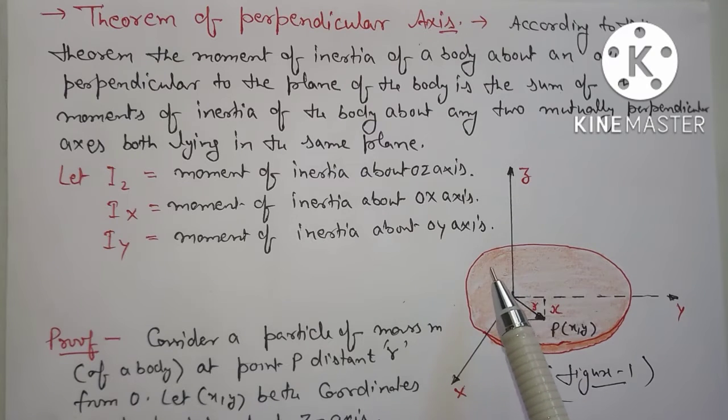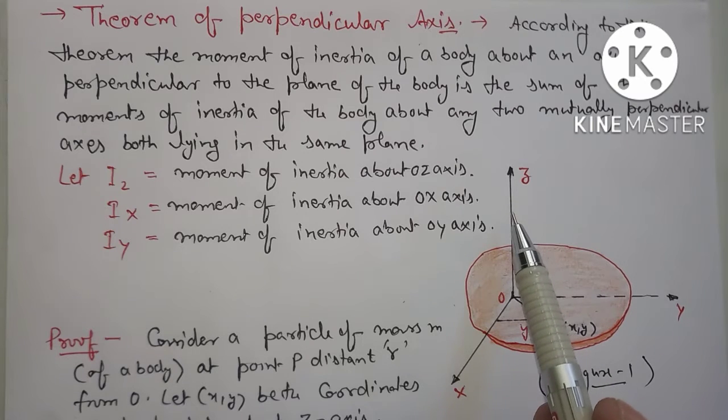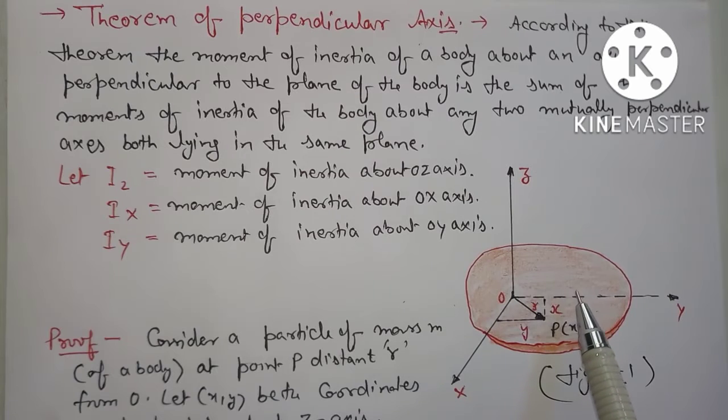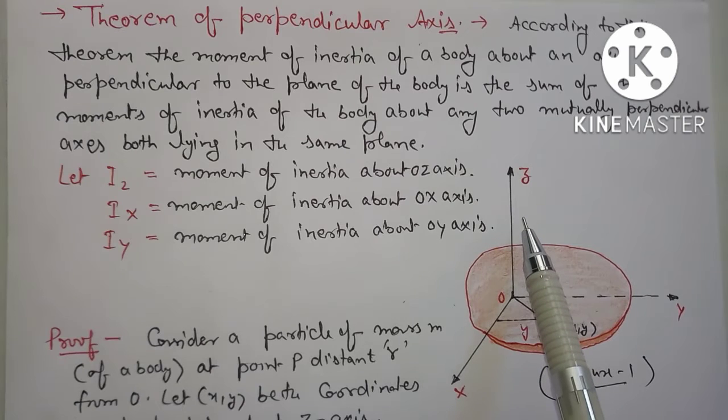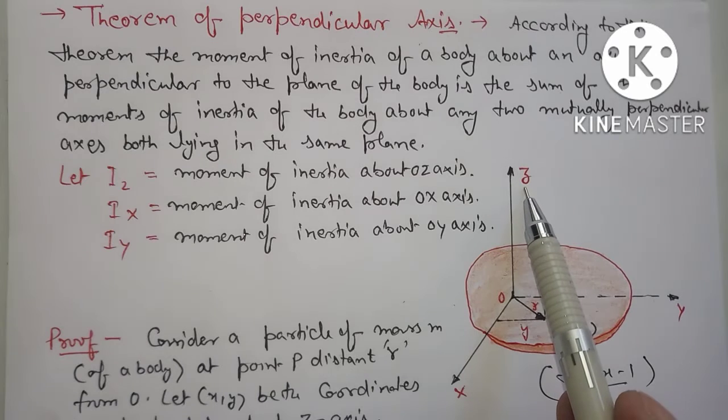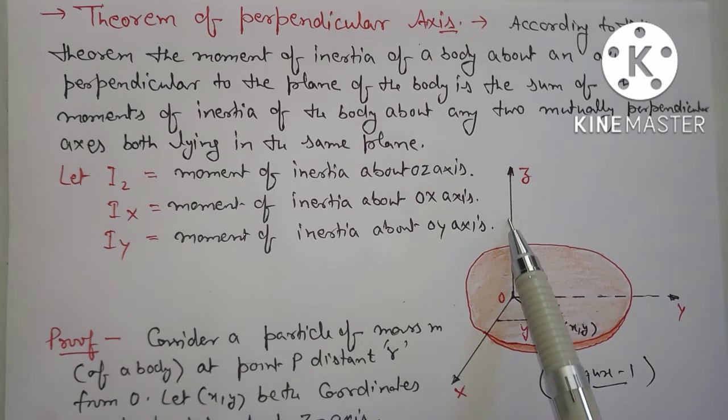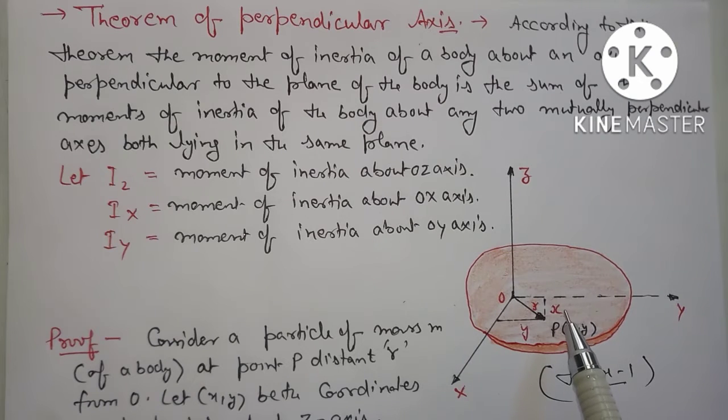If we take a body which lies in the xy plane, then this z-axis is perpendicular to the plane of the body. If we want to find the moment of inertia of this body along this perpendicular z-axis, then the moment of inertia along this z-axis is equal to the sum of the moment of inertia of the body along the x-axis and y-axis.